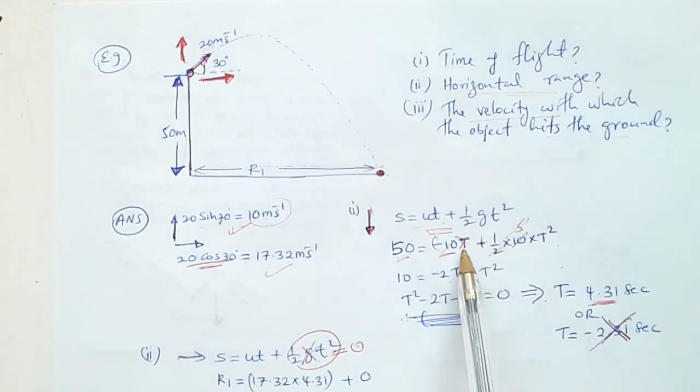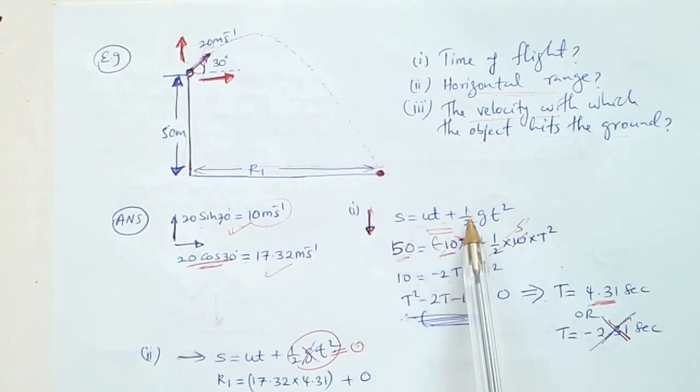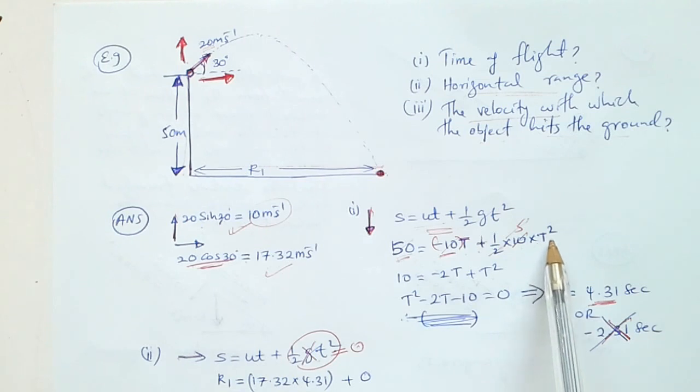t is the total time of flight. I need to put a plus sign here. Why? Because we use the equation downward and the gravity is also downward, so I can put a plus sign. Half 10 into t squared. From here I can simplify and come up with the equation t squared minus 2t minus 10 equals 0.